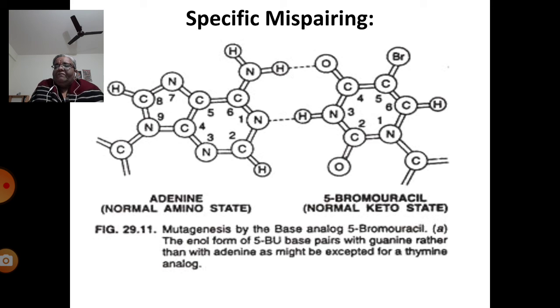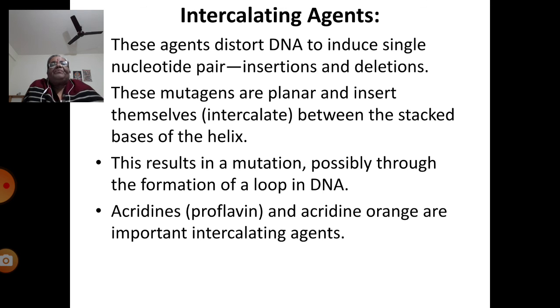Mutagenesis by base analog 5-bromouracil: in diagram A, the enol form of 5-BU pairs with guanine rather than with adenine, as might be expected for a thymine analog. This is how specific mispairing takes place.